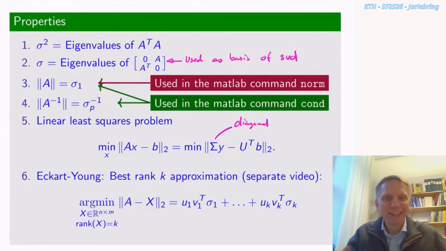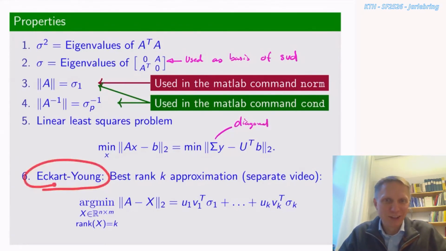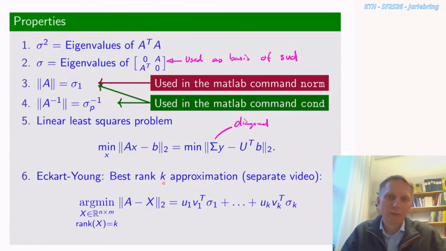And then finally the Eckart-Young theorem. This is the most important property of the singular value decomposition, and that's that the problem to find the best low rank approximation can be explicitly computed with the singular value decomposition.